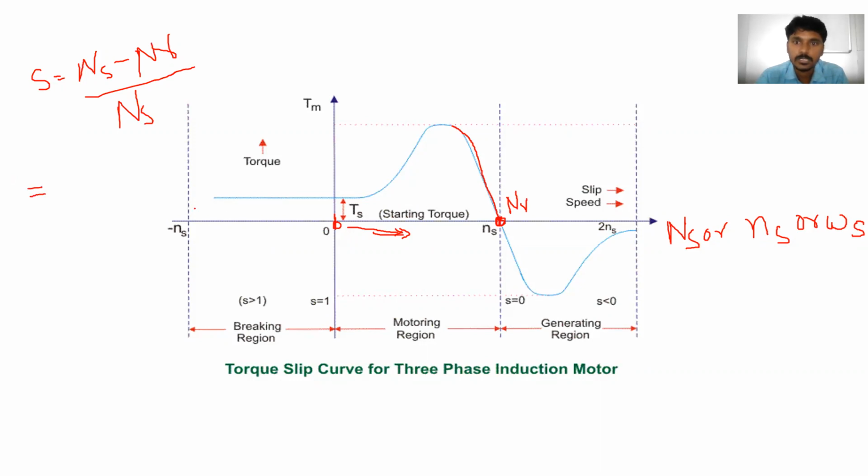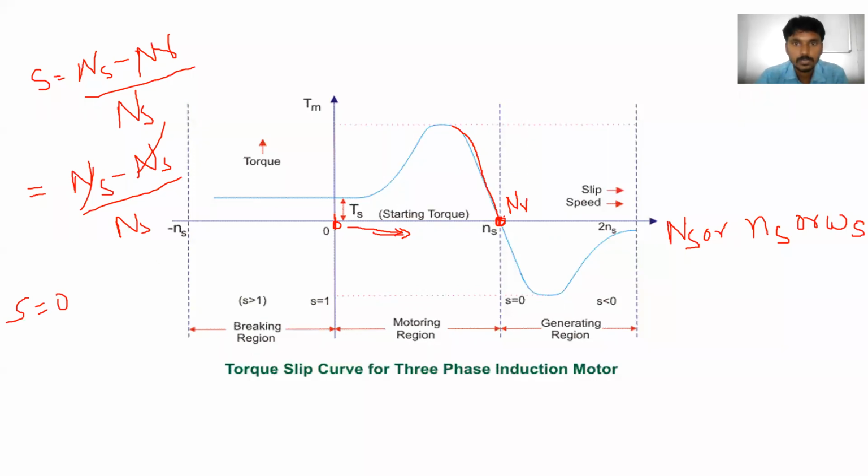If the motor speed is equal to synchronous speed, then (ns minus ns) by ns is equal to 0. Slip is equal to 0.